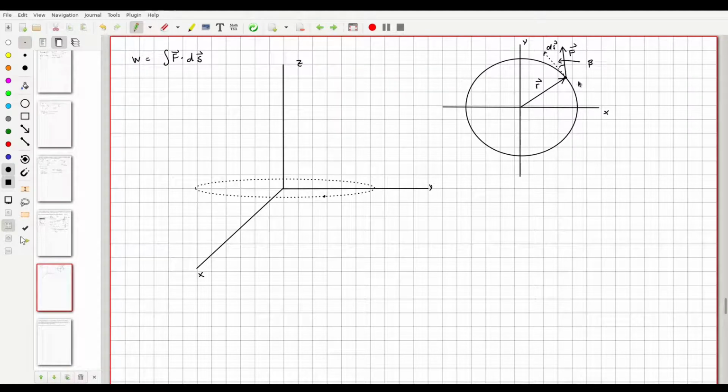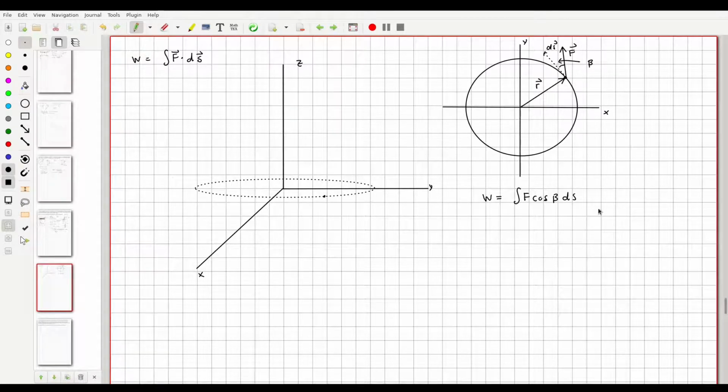So if you were to actually look at the work that would be done, it would be the magnitude of F, which I'm just going to call F, times cosine of beta times ds.